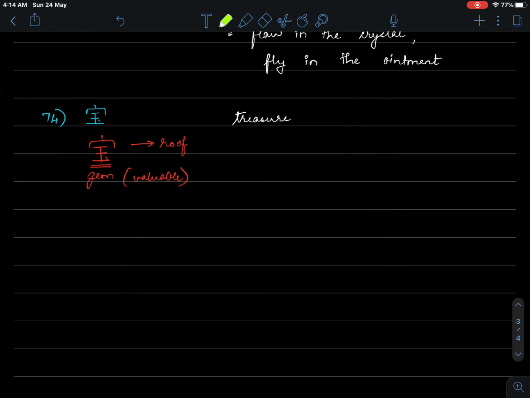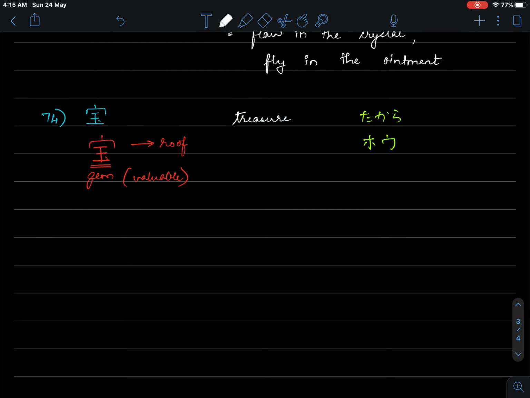Now let's have a look at the on and kunyomi. The kunyomi is takara. Okay. And the onyomi is ho. That's how you read it. Okay, in the past I have not explained this clearly, that even though the reading is written as ho and u, while pronouncing it the o sound is just elongated to be like hoo. Okay, something like that. That's how that works out.